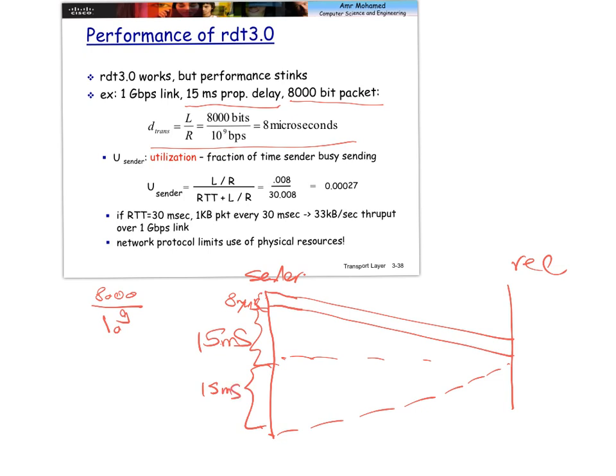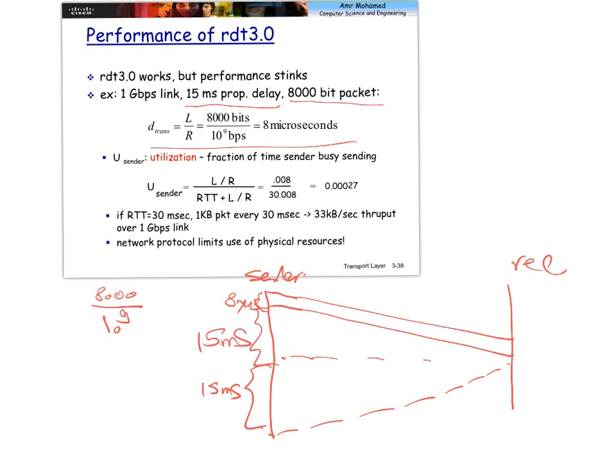Okay? So how long did you actually consume the channel? 8 microseconds. How long have you actually used the channel effectively? Effectively, used it to send something. Correct, 8 microseconds. How long did you have to wait? 30 milliseconds plus 8 microseconds.